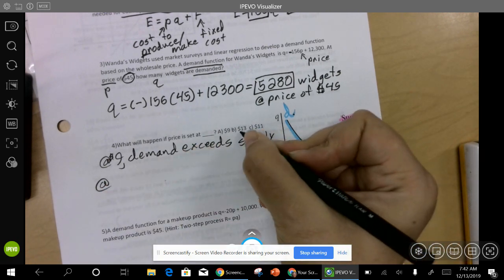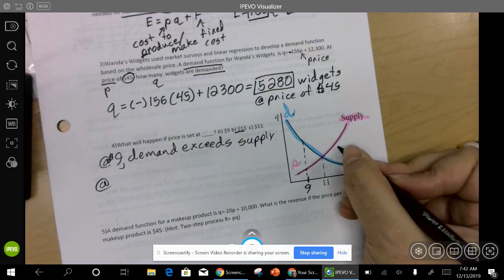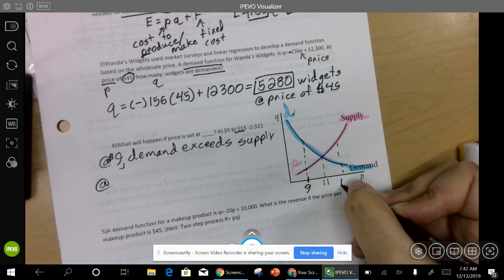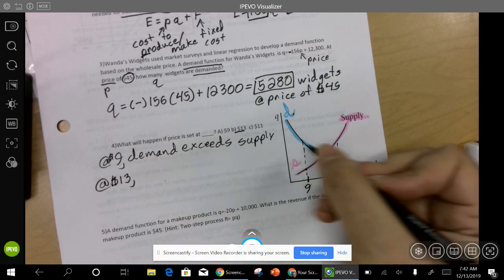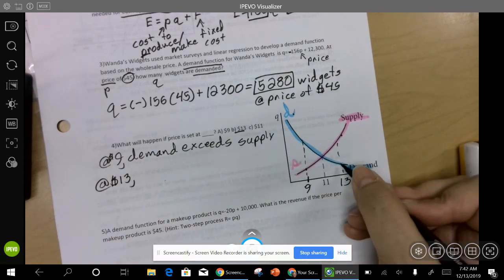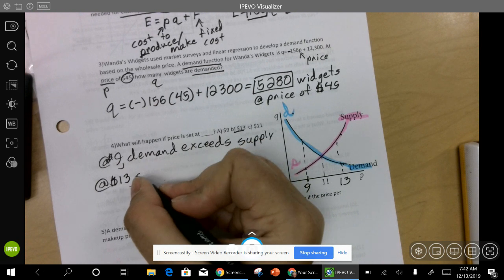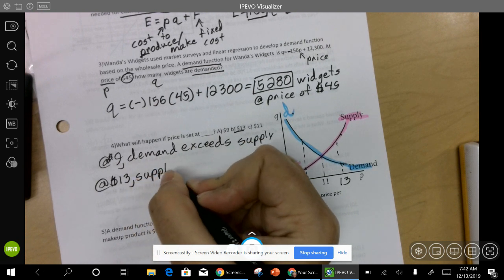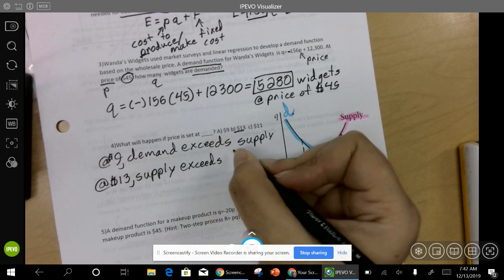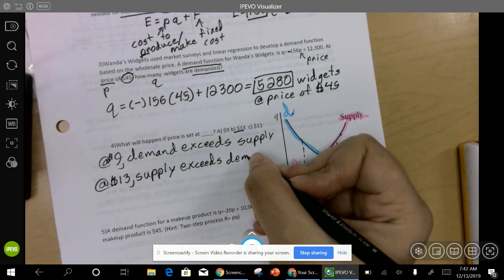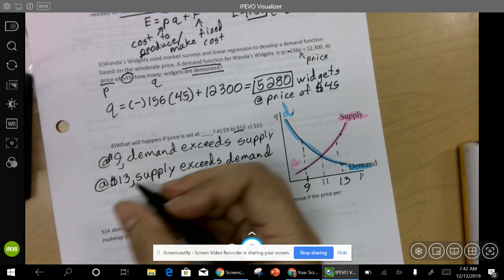Okay, at $13, so this would be over here at 13, the supply is higher than the demand. So supply exceeds the demand. That means the item would be staying on the shelf.